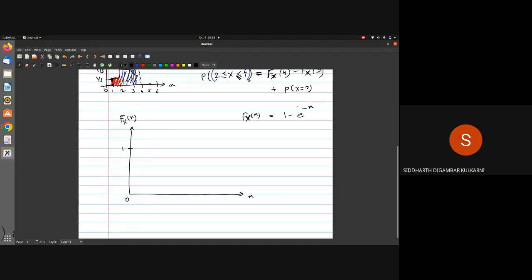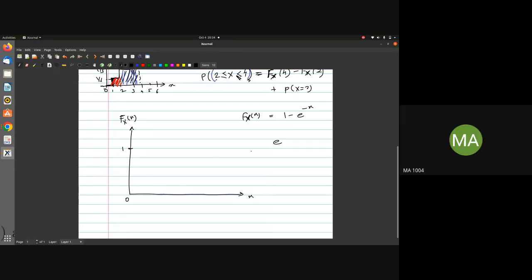If it was just the PDF, then it would have started from 1. To have a valid CDF, it should start from 0. That's right. So I think we have written something wrong here. No, sir, it's right. If you write the PDF, e raised to minus lambda x, then it will start from 1 and then go down.